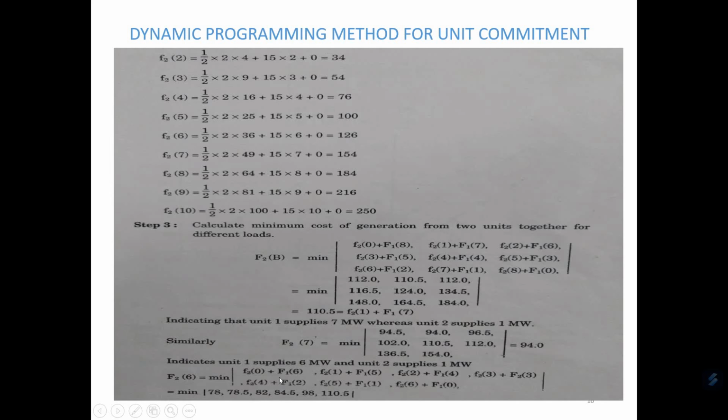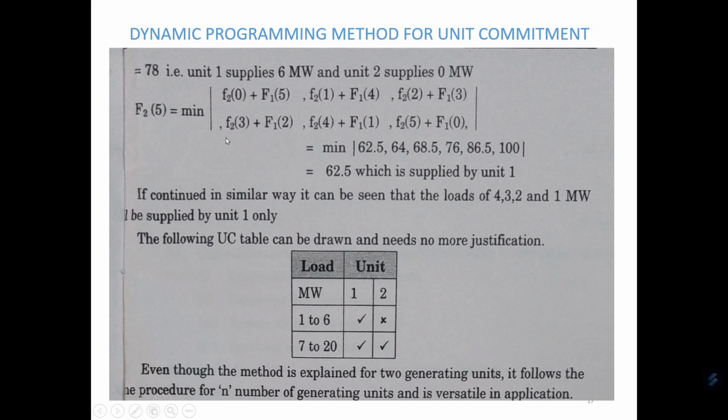Similarly, we can calculate F2 of 6, F2 of 5, etc. And from the unit commitment table, it is observed that for these two units, if the load is from 1 to 6 megawatt, only generator 1 will share the load.